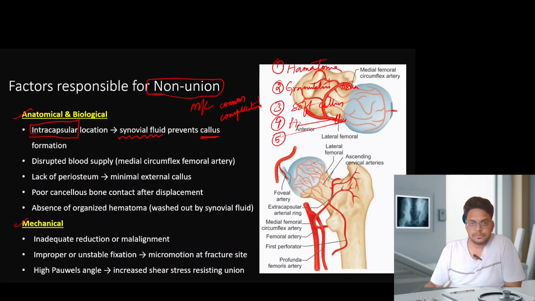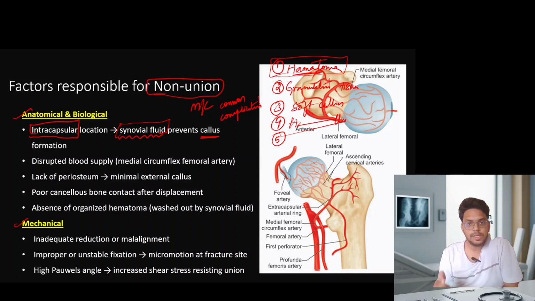Now, what is the first stage? The first stage is the stage of hematoma, right? Now, if synovial fluid is present, it will not allow the hematoma to get organized. The synovial fluid contains many enzymes like metalloproteinases and other enzymes that will break down the hematoma.